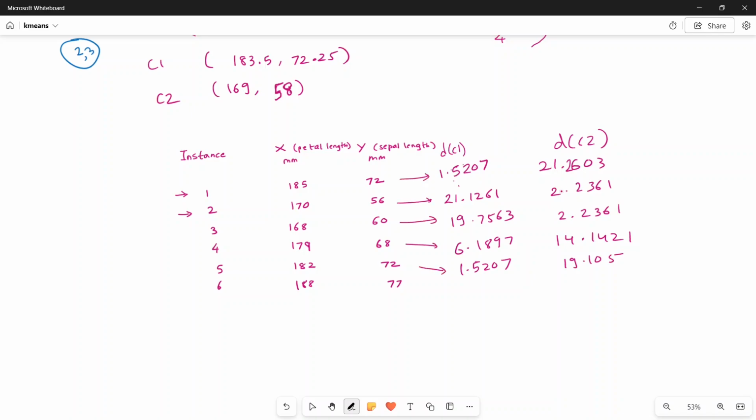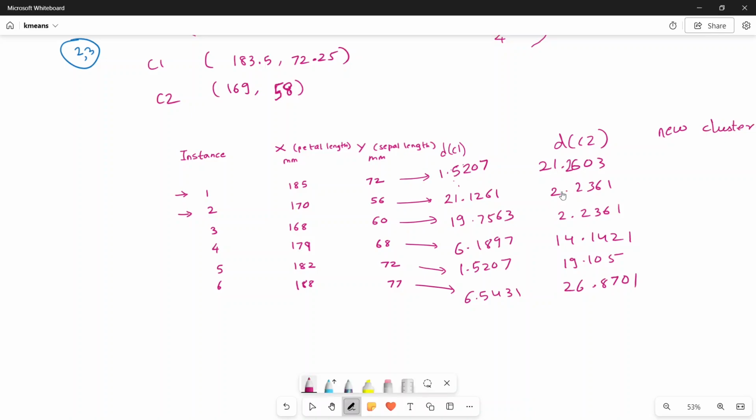And for the last point you have the calculation 6.5431, 26.8701, and now make the decision which new cluster it will belong to.